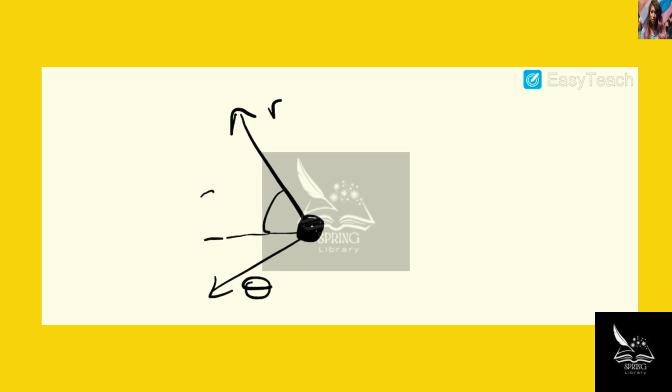So our free body diagram looks like this. Here are our axes. There's our r-axis, and here is our theta axis. And here's our collar. We're just going to signify that with a dot. So here is our angle psi. And here we have our normal force, which is acting on the collar.